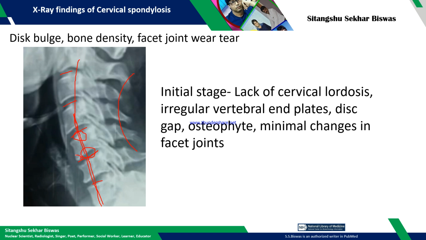And I can see this is an osteophyte, here is an osteophyte, and there are minimal changes in the facet joints. So this X-ray indicates the initial stage of cervical spondylosis.